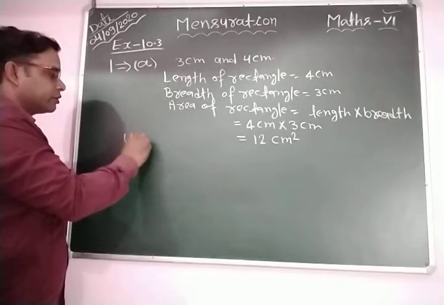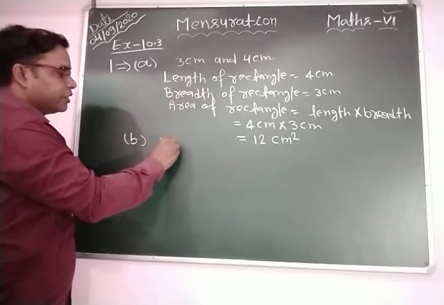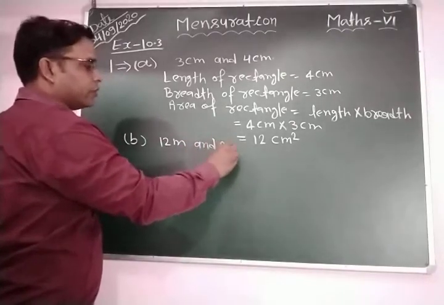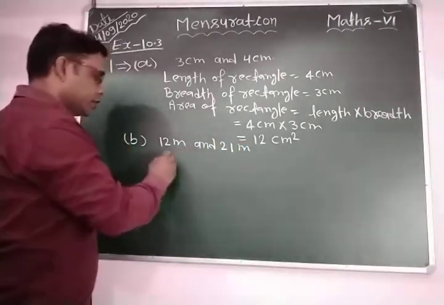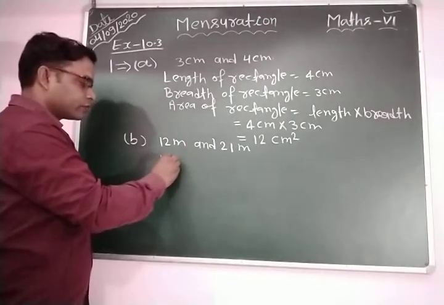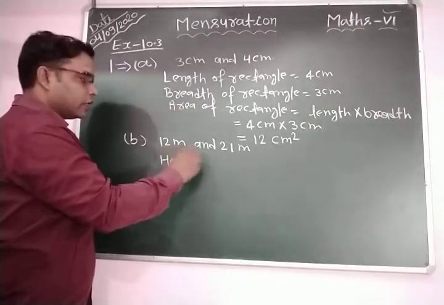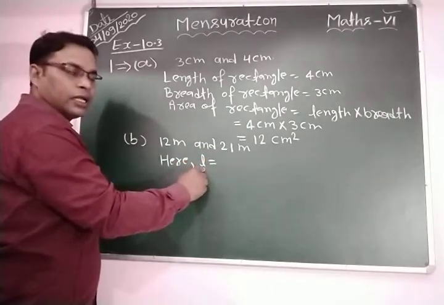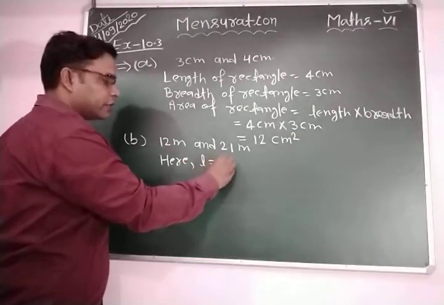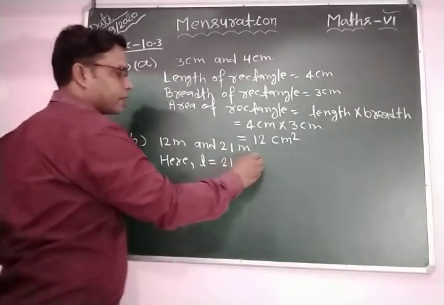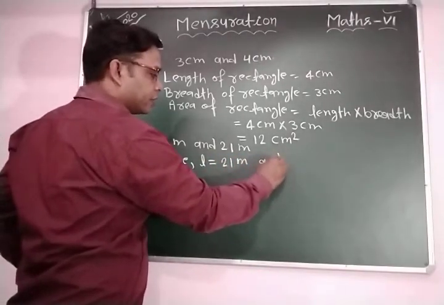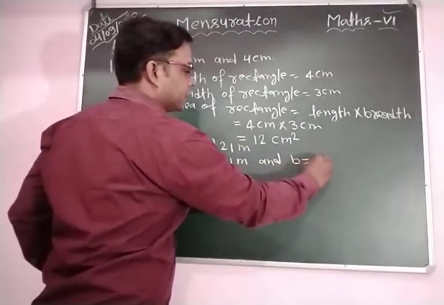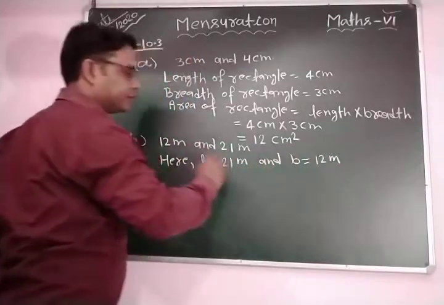So here, length, we represent length by L, so length is given as 21 meter, and breadth, we represent breadth by B, breadth is given as 12 meter.